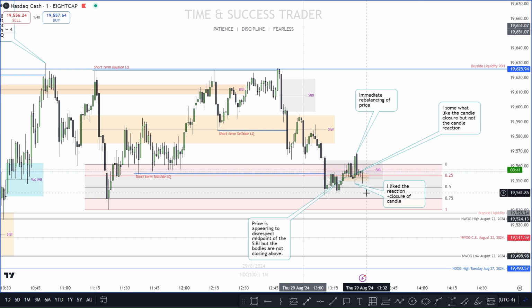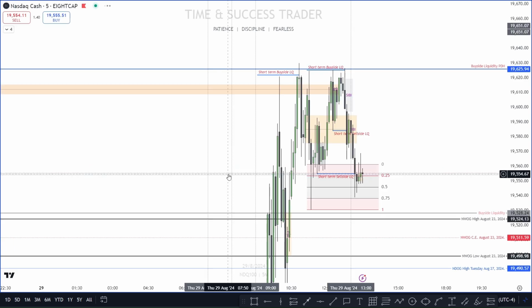Now let's look at the reactivity of price in this area. We are getting some reactivity here. We didn't even come back to the 50% of that wick from the 5-minute. If we go back to the 5-minute, see that wick right there?